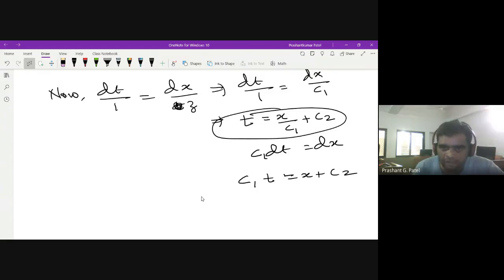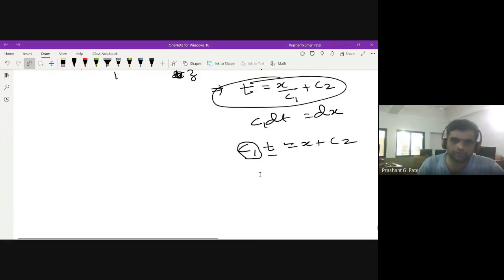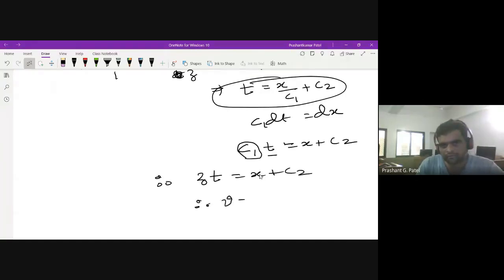Now again you substitute the value of c1 from this. First you substituted the value of z as c1, now you substitute the value of c1 as z. So the second equation is z into t equal to x plus c2. So your u, or sorry, v is zt minus x equal to c2. This is my second function.